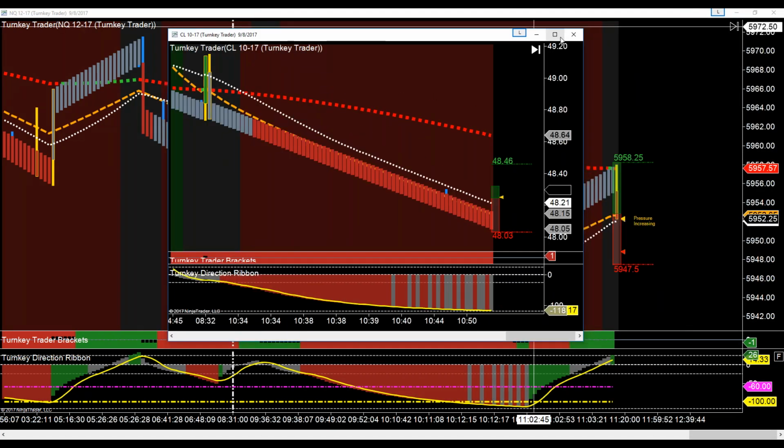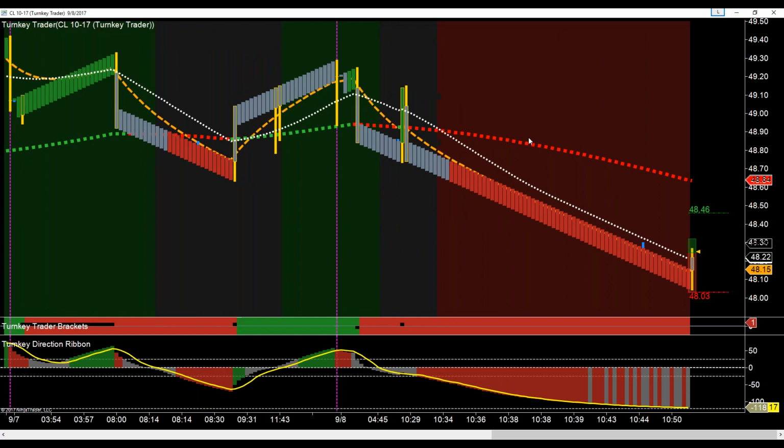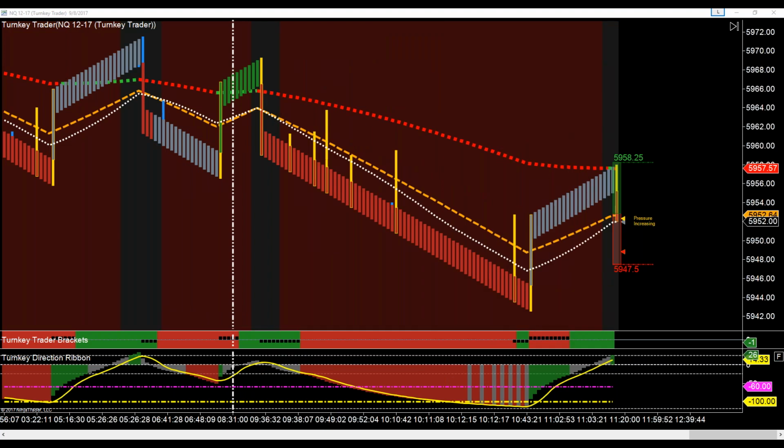James is asking about the CL with a buy signal. I don't see a buy signal in the CL here. CL is one of those markets that I don't watch too often, just because it's been fairly choppy more often than not.